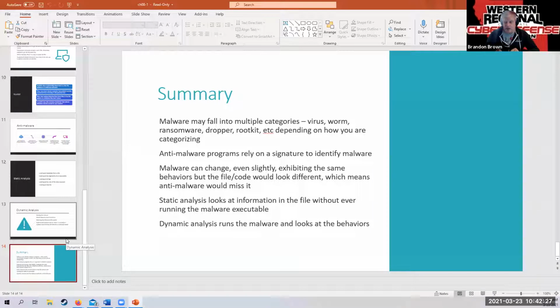They typically rely on some sort of either signature basis or some sort of dynamic basis where they look at behaviors. Malware can change even slightly. It can modify itself. There are malware programs out there that can adapt to the environment that they're seeing. And then know those two different types of reverse engineering analyses, static versus dynamic.